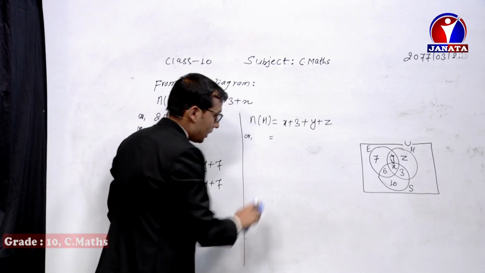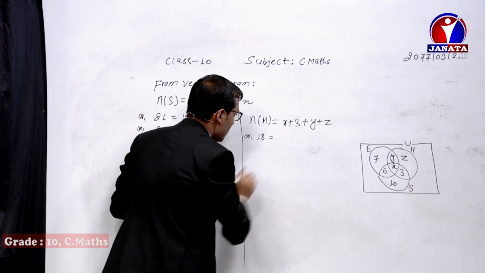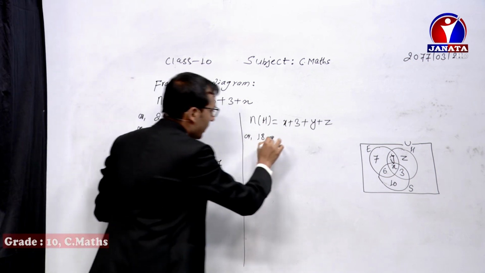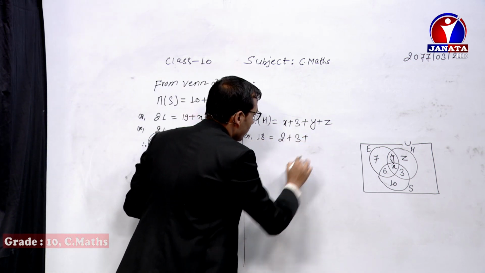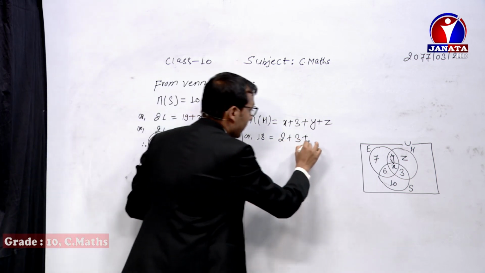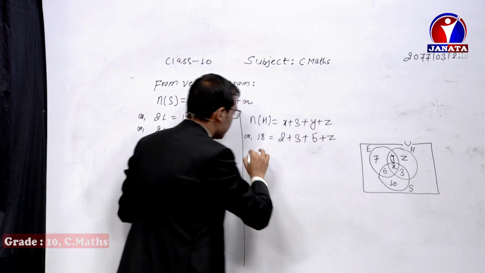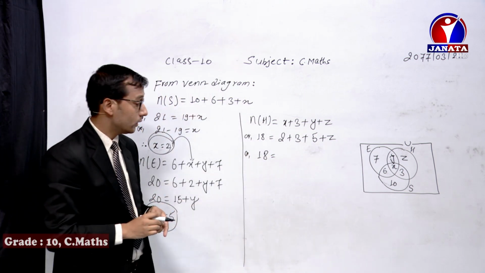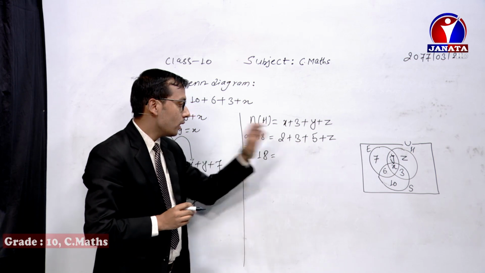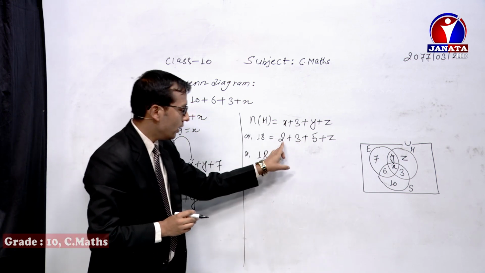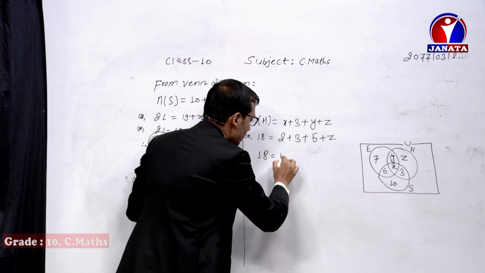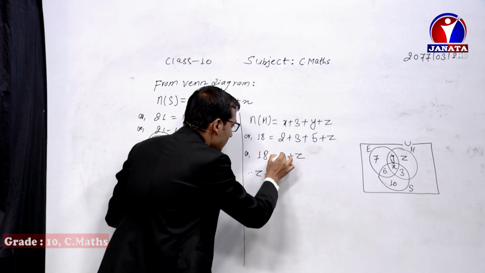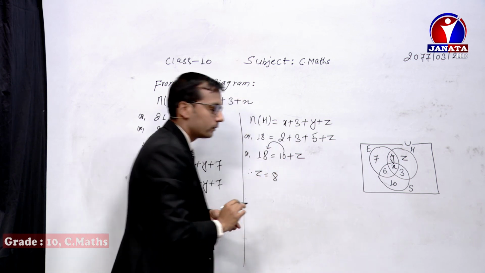It's 18. So 18 is, let's replace the values: x is 2 plus 3 plus y, which is 5, plus z. So 18 is equal to, if we add this, 5 plus 3 is 8, 8 plus 2 is 10, 10 plus z. So therefore what is z? Z is 18 minus 10, which is 8.